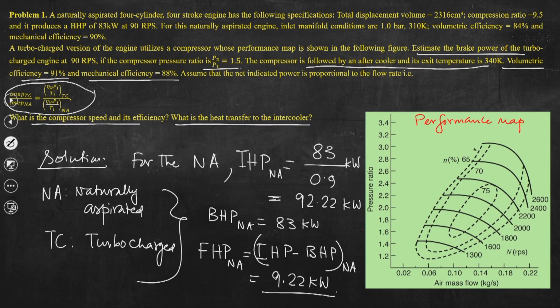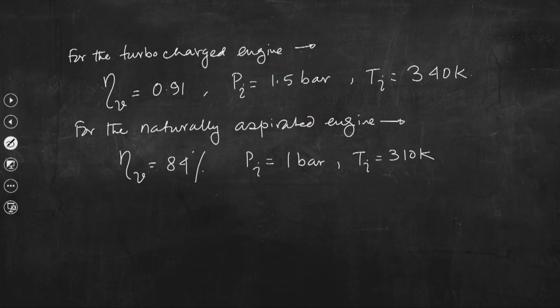So, these are the statements. For the naturally aspirated engine, inlet manifold conditions are this: volumetric efficiency 84% and mechanical efficiency 90%. So, these are the data given.